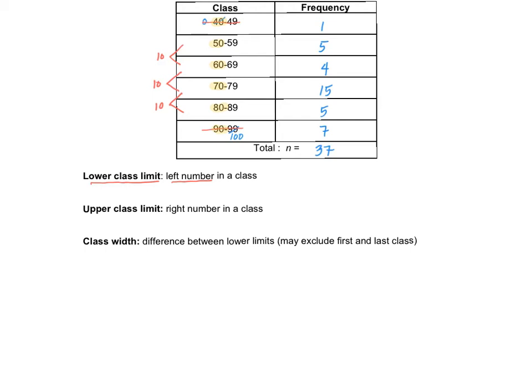So the lower class limits would be 40, 50, 60, 70, 80, and 90. The upper class limit is the right number in each one of the classes. Here I'm going to assume that I didn't put a line through the first one. That would be 49, 59, 69, 79, 89, and I'm going to go with the original 99.